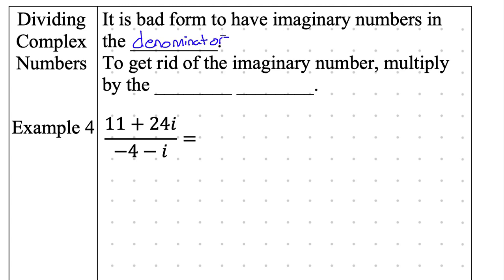So, in order to get rid of the imaginary number, you're going to multiply by the, what thing did I say you needed to have in order to do division? I said at the very beginning of the lesson. Look at the objective. When we read the objective, you need to learn this one thing in order to do division. It's a thing we just studied for the first half of the notes. Is there more than just Eva that has it?